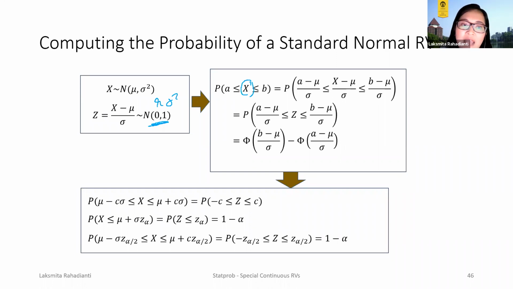And here I will end up with a certain number. And thus I can immediately compute the probability by computing, and there's one part that's a little bit skipped, which is the CDF, F of B minus F of A, which is phi of B minus mu divided by variance minus phi of A minus mu divided by variance.